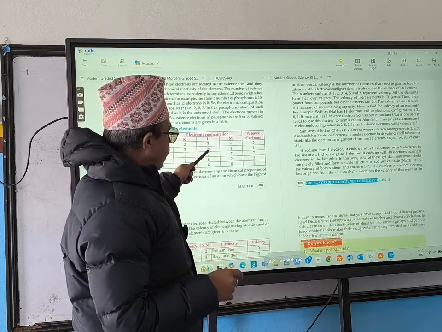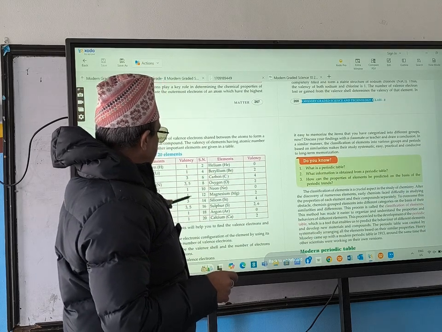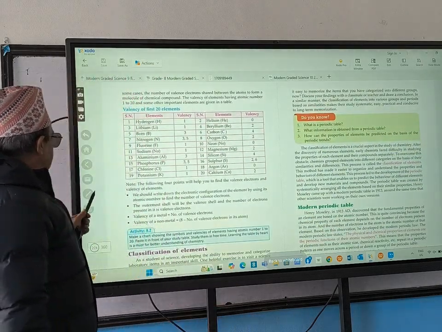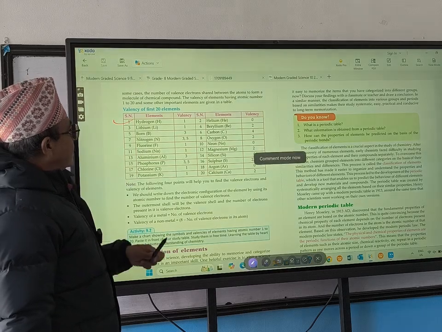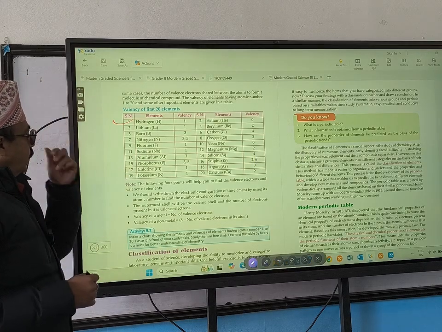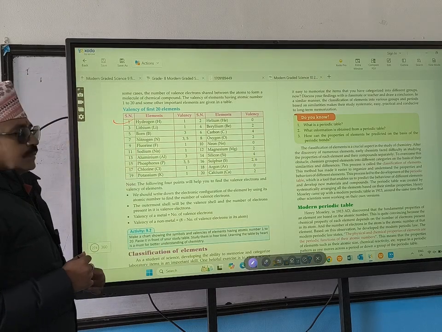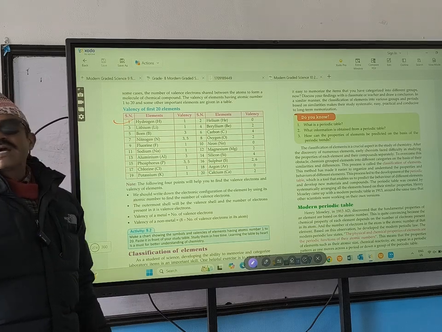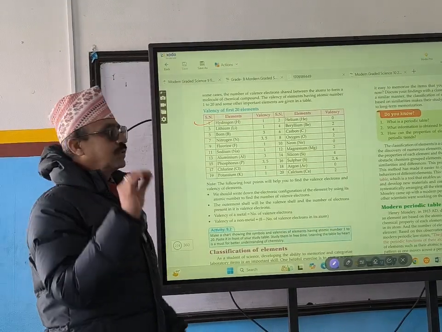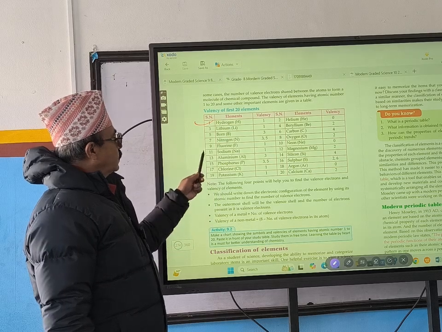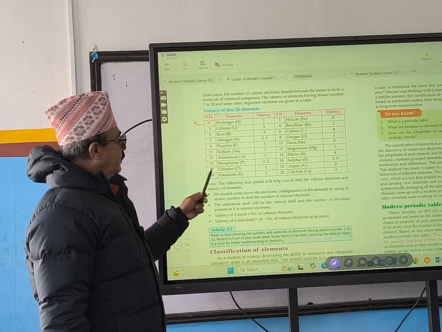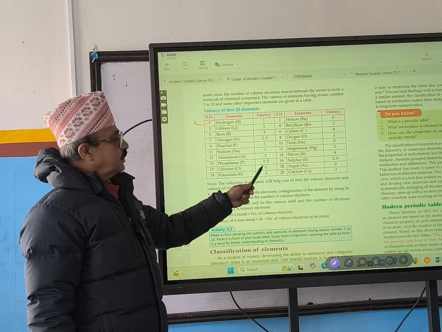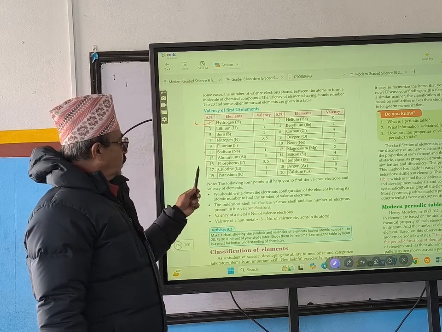That is, what is that? Valency. Now see here. Here is the valency side. Hydrogen, lithium, boron, nitrogen, most of the time 3 or sometimes 5 also. Chlorine, sodium, aluminium, phosphorus, either 3 or 5 sometimes.